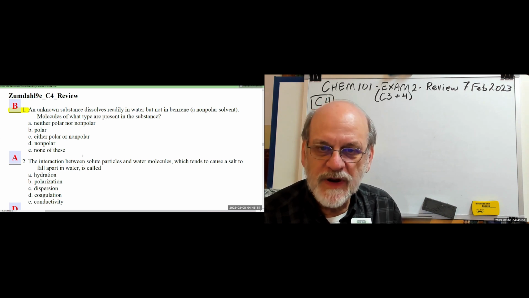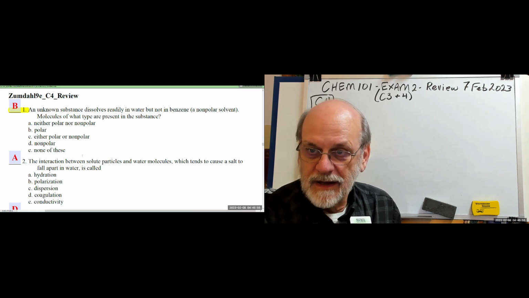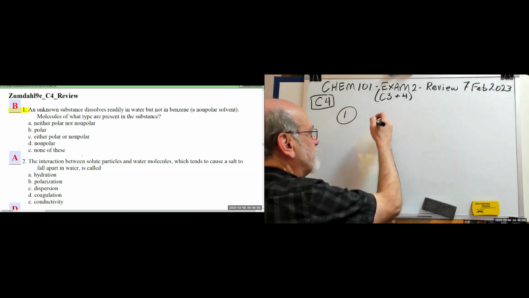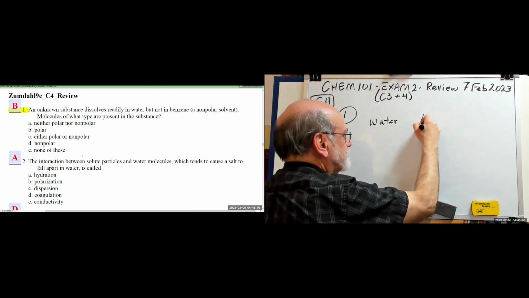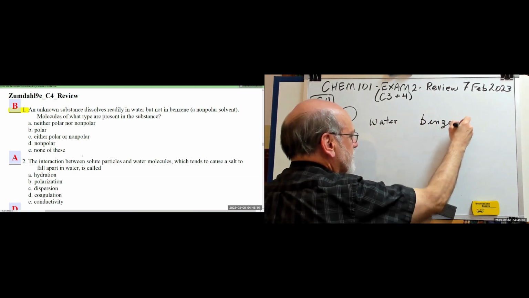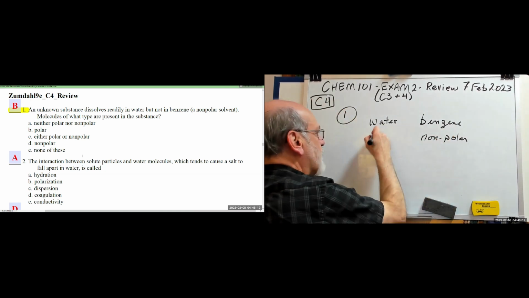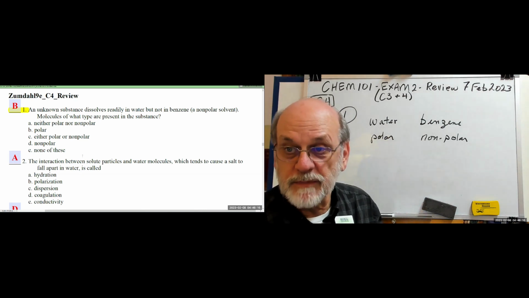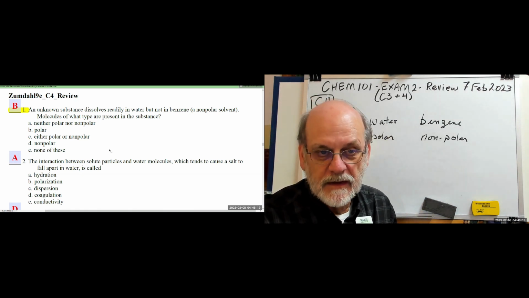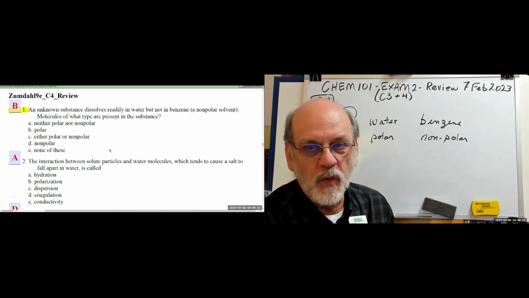Molecules of what type are present in the substance? Remember, like dissolves like. And what's the difference between water and benzene? This is nonpolar. This is polar. So anything that dissolves in water is going to be polar, or at least have a polar functional group on it somewhere.